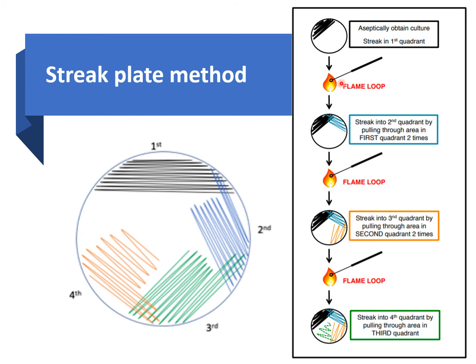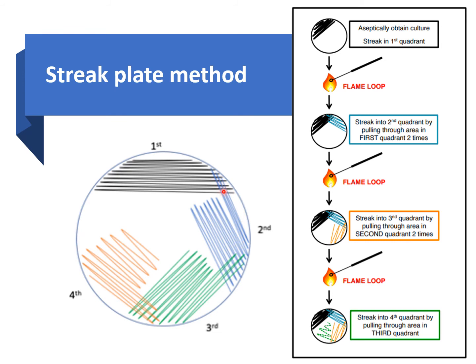And then what should you do? You go right here on the edge of your first quadrant, back to where you've already streaked in quadrant 1, and you extend the streak downwards.